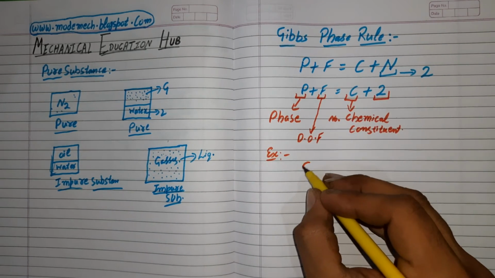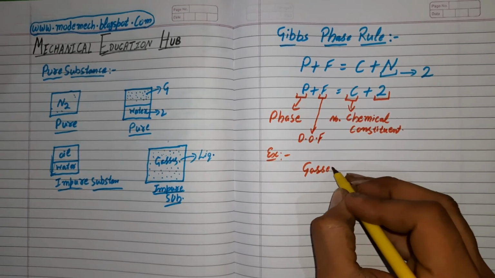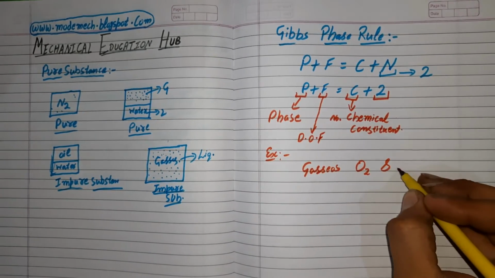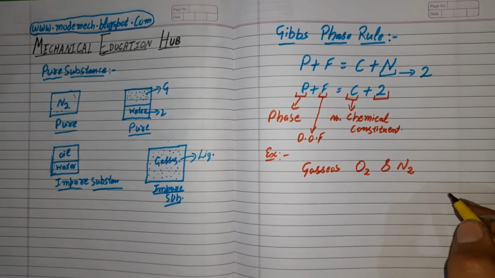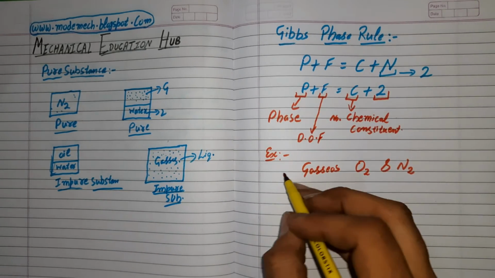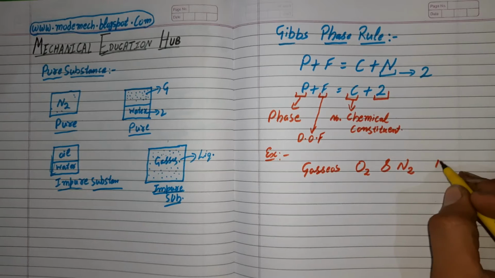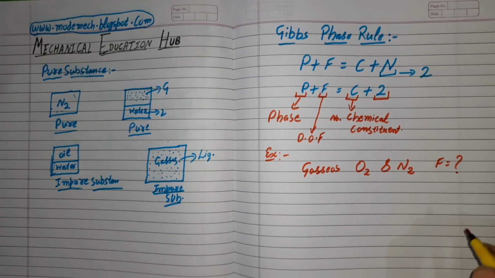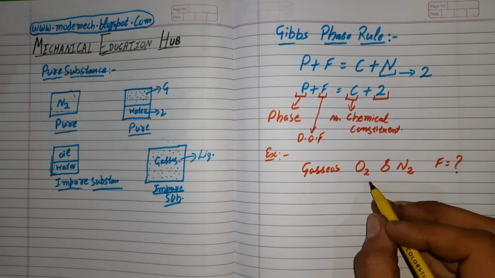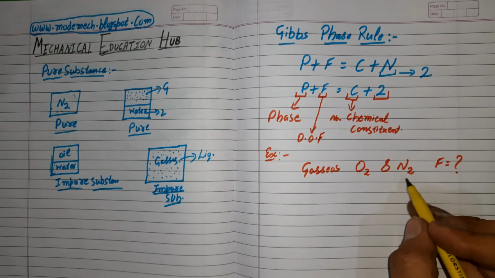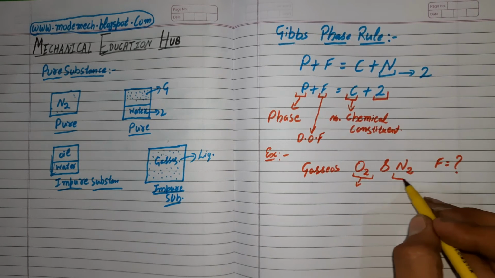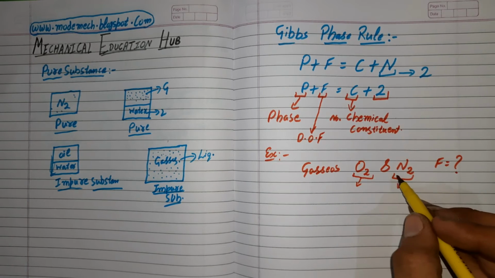Let's say we have a gaseous mixture of oxygen and nitrogen, and we need to find the degrees of freedom for this. Now here in this example, the number of chemical constituents is 2, that is oxygen and nitrogen.